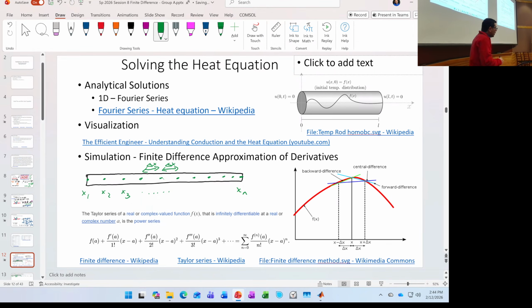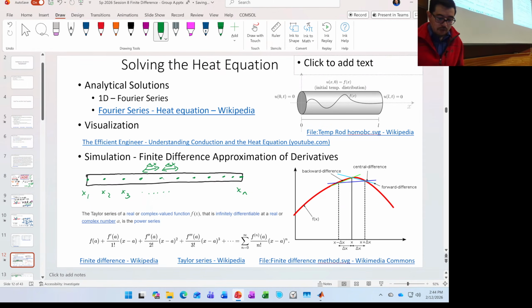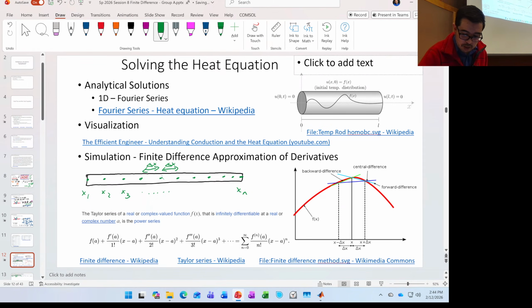Okay. And if I'm at this location in the middle, I'll call it x sub i. And if I'm going up, closer to x_n, I'll call it x of i plus 1. And if I go one before, that's x of i minus 1.